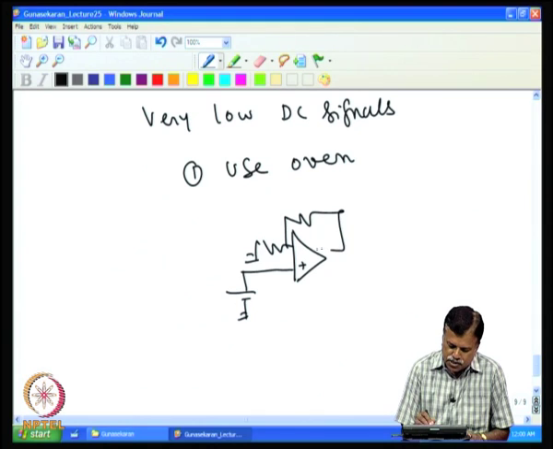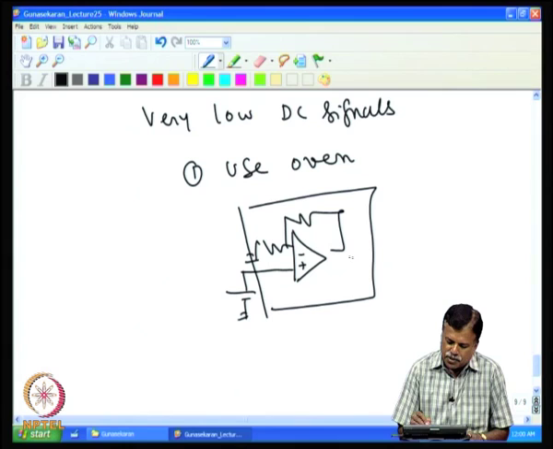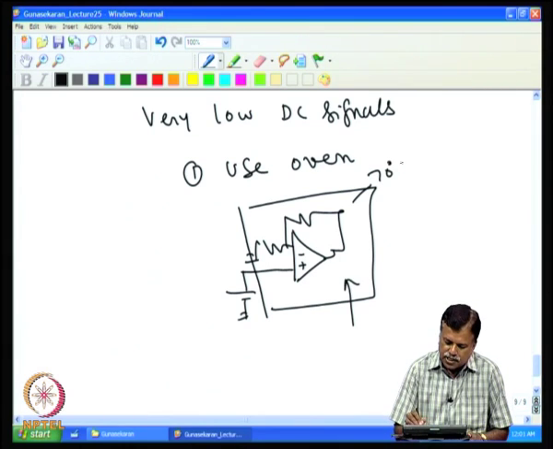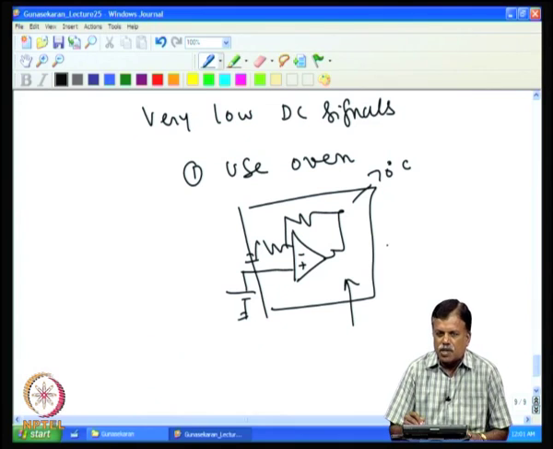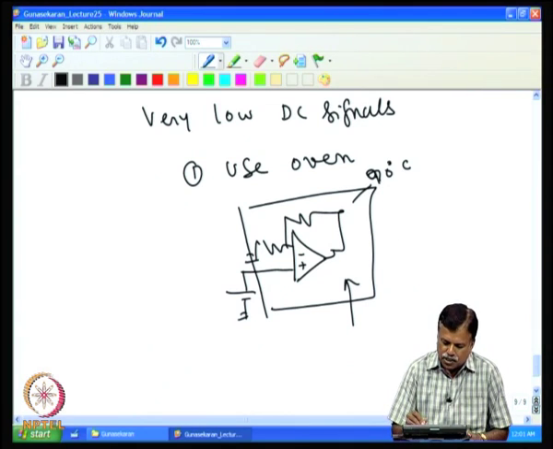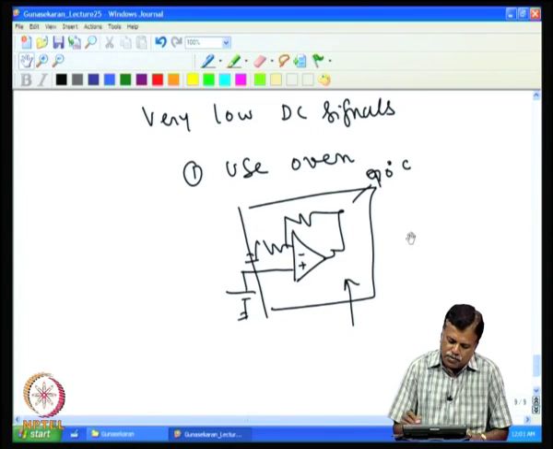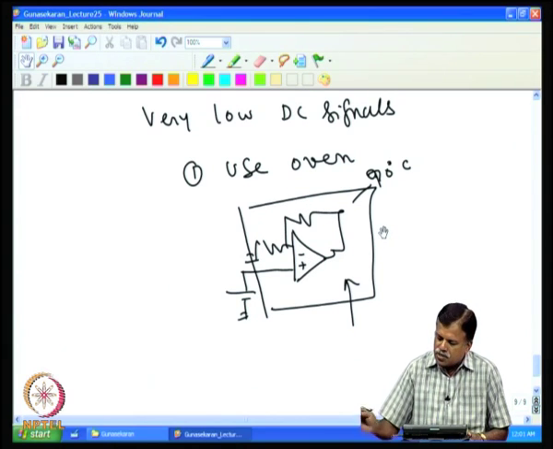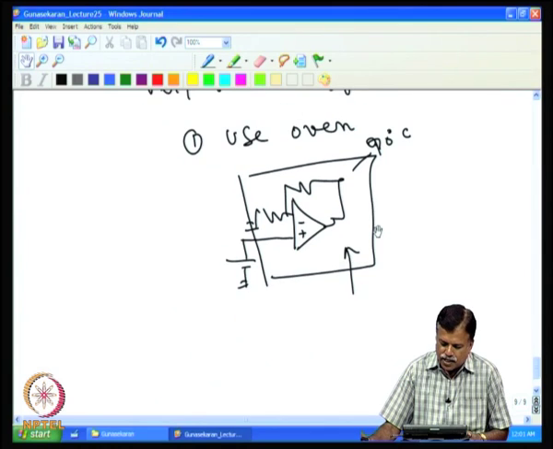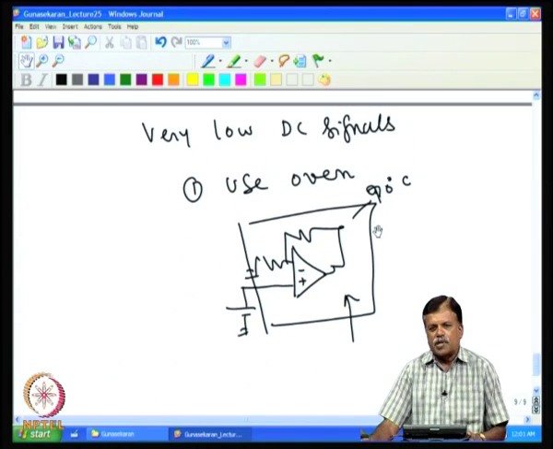This input stage alone can be kept inside the oven, so that the temperature of the oven is maintained constant, say if it is supposed to work at 80 degree ambient, then I keep it at 90 degree C. So, the oven is kept always at 90 degree. The ambient temperature will have almost no effect on the op amp, and the output of the op amp will not drift. This is one way of solving the drift problem if the signal is at sub micro levels.